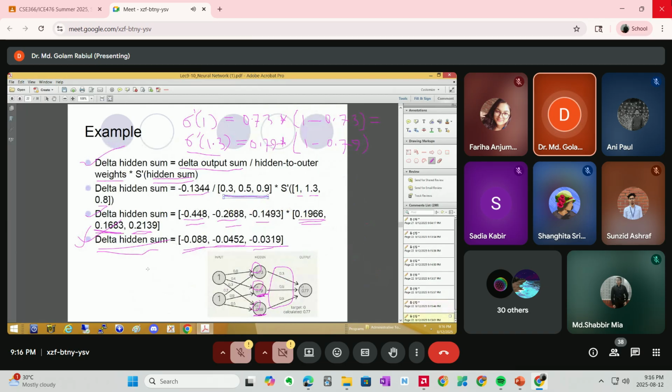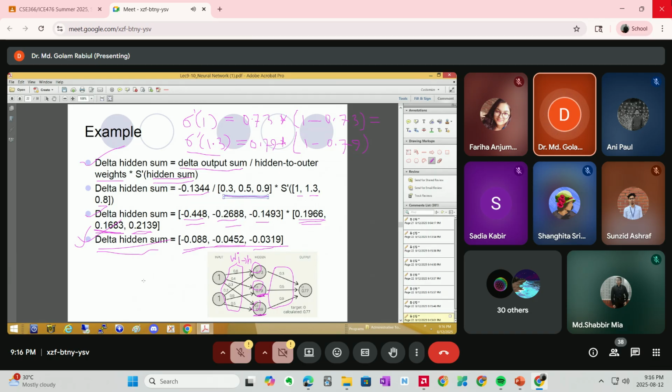But the problem is we are not actually trying to find out the delta hidden sum, but we need to find out the delta W. This is actually W, the weight of input to hidden layer.